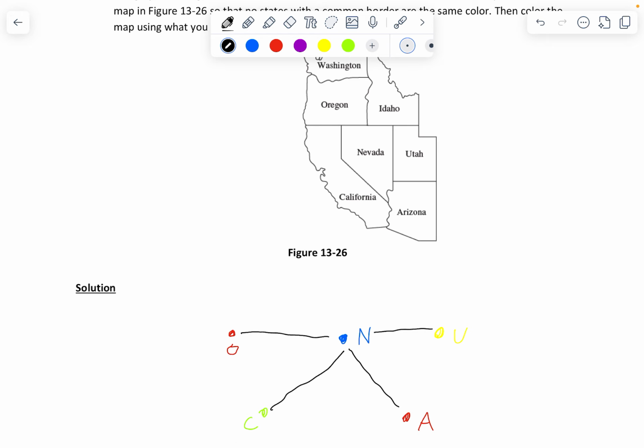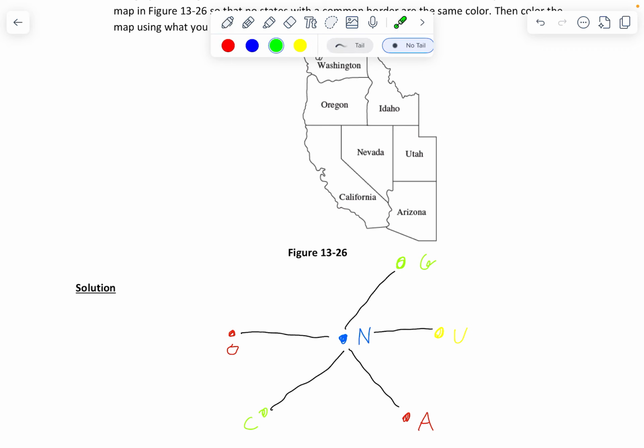Okay, and then let's see. Nevada also borders Idaho, right? And we can make Idaho green. Okay, so we have everything covered for Nevada, right?